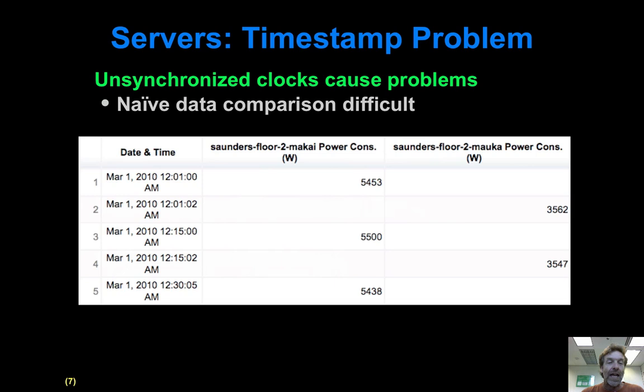If you looked at it as a spreadsheet, you would see that the data may be off by seconds or minutes or subseconds, and so it's hard to aggregate together energy and power data in this kind of real world situation.